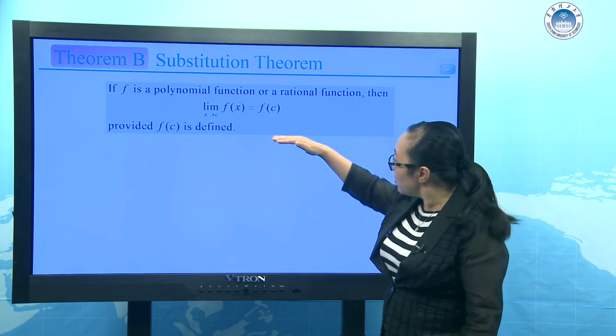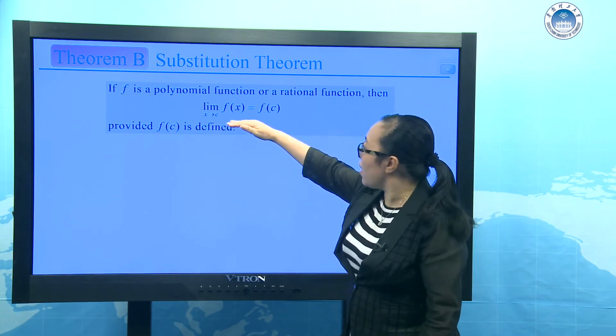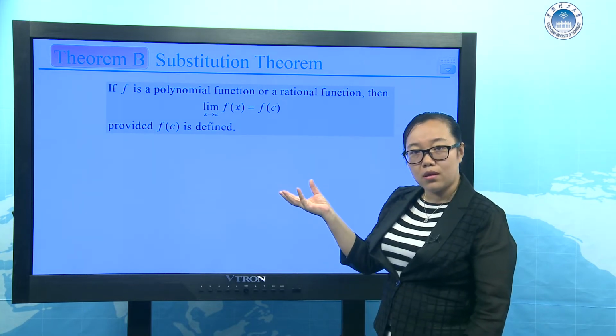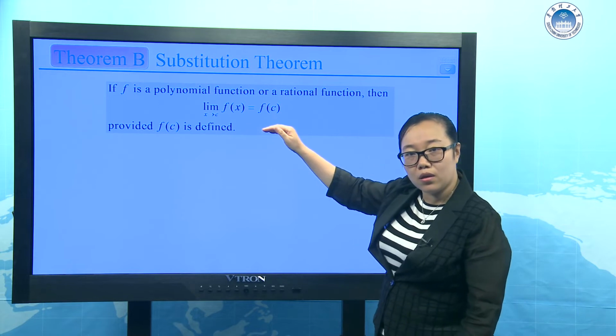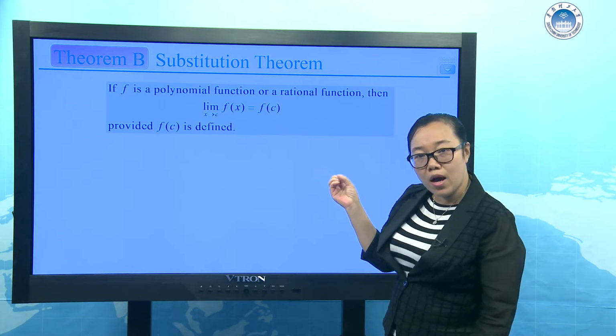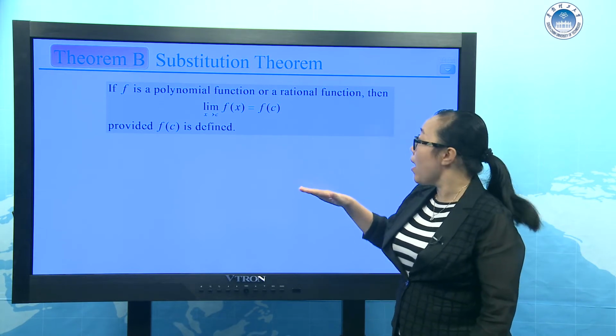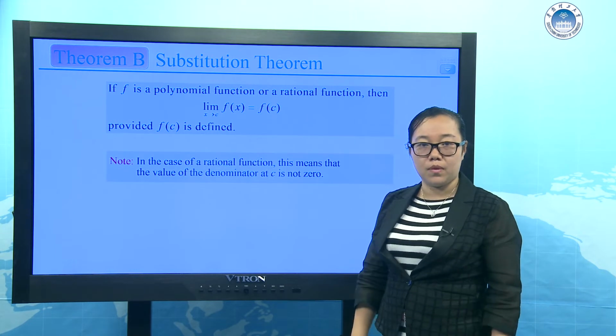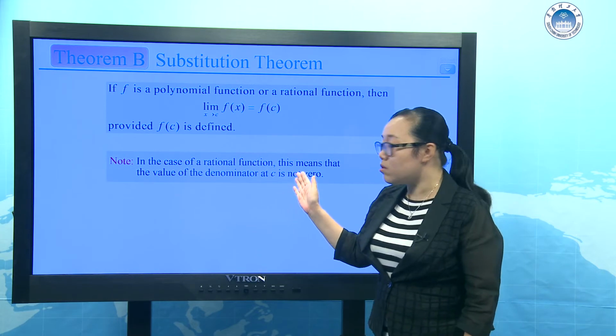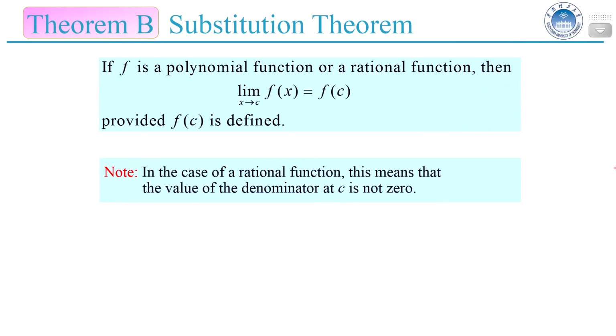Look at this. The left side, the limit of f(x), where x is a variable tending to c, equals the value of f(c). This means x is substituted by c. Note, in the case of a rational function, this means the value of the denominator at c is not 0.